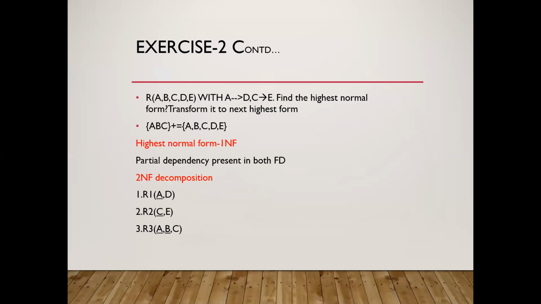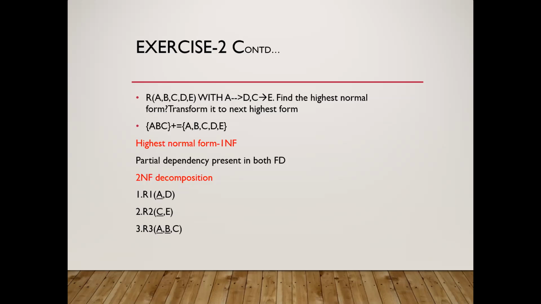The relation R of A, B, C, D, E with A functionally determines D and C functionally determines E. Find the highest normal form. Then again we have to find the candidate key. We did not get any single attribute as a candidate key.